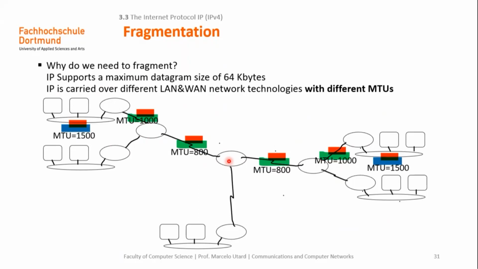And the other reason to implement the fragmentation in that way is that the reassembling consumes CPU and memory at the routers, at the intermediate systems, and that is something that we need to avoid in order to load the routers only with the indispensable, the necessary, and not more than that.